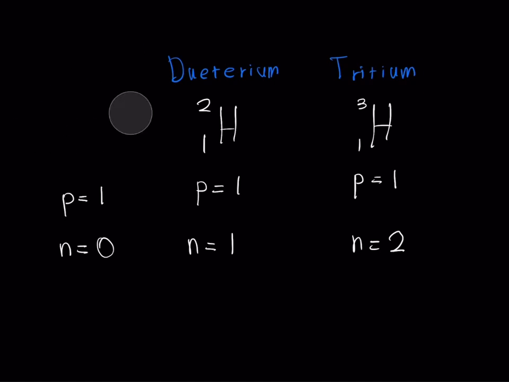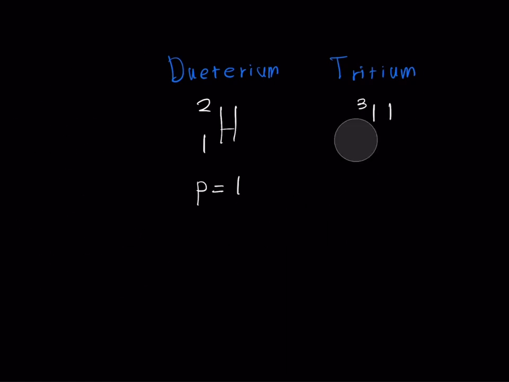Now let's go through a few more examples and try to determine if the two elements I'm going to show you are isotopes of one another or not. So take this example.